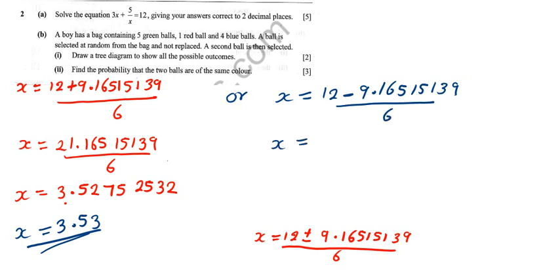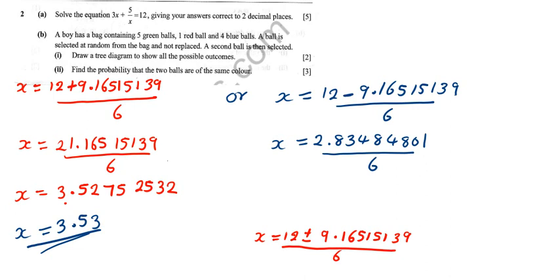So we subtract 12 minus 9.1651593. We are getting 2.83484801 over 6.